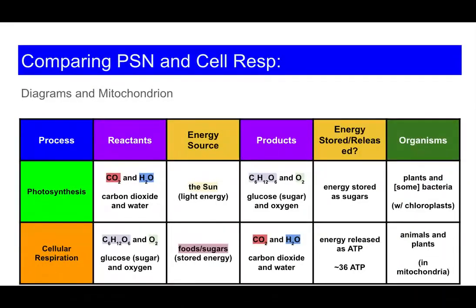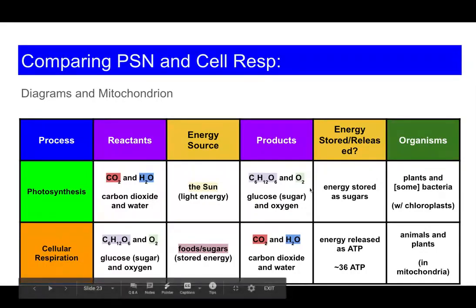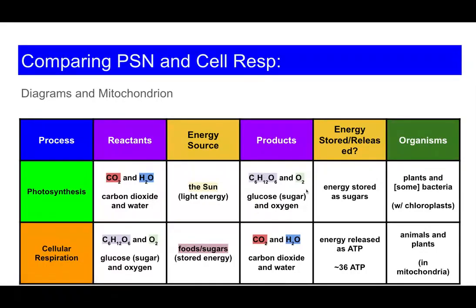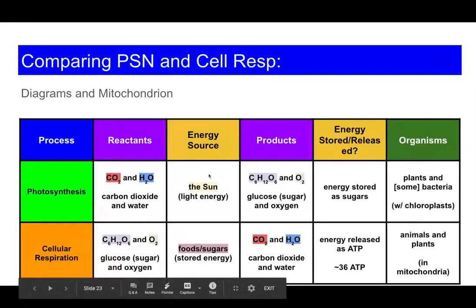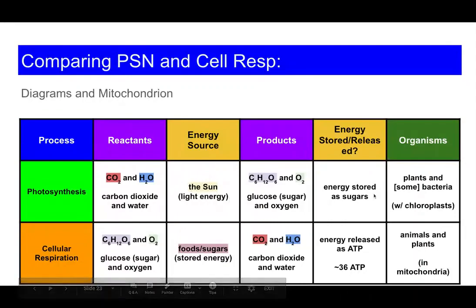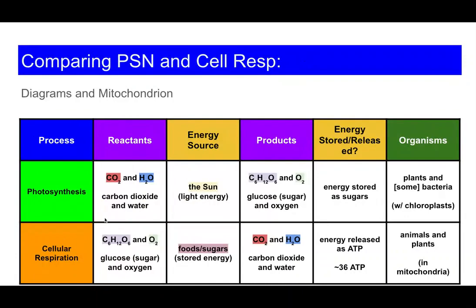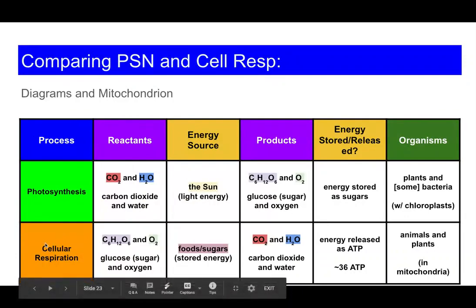So if we look at the comparison here, we can see that photosynthesis has CO2 and H2O as reactants, glucose and oxygen as products, and it uses energy from the sun to store energy as sugar. And then in cellular respiration, it's the exact opposite. We take glucose and oxygen to make carbon dioxide and water.